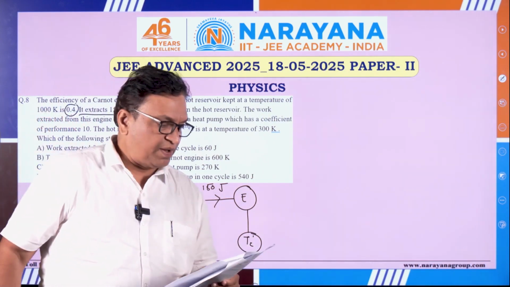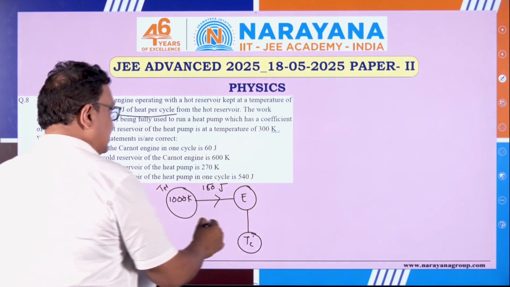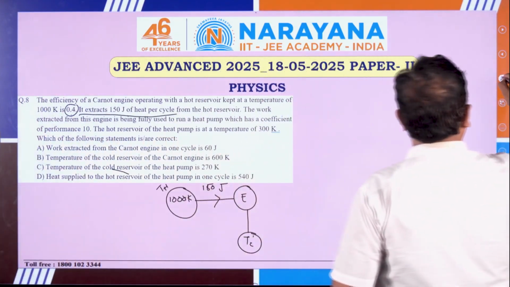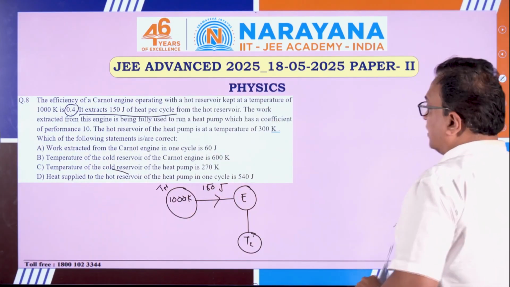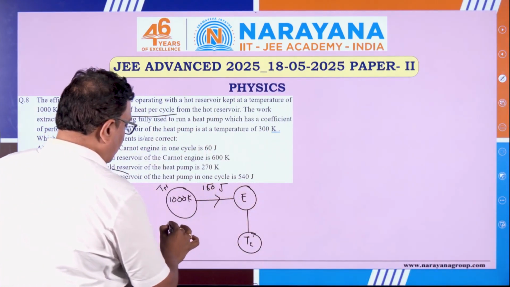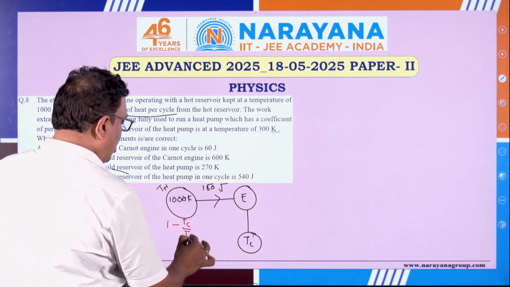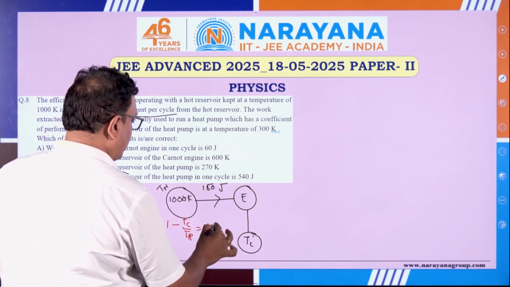Coefficient of performance part, efficiency part, 0.4. I'll just change the color of my pen so as to give you some more clarity, so you may not get confused with the data. 1 minus T cold by T hot is 0.4.